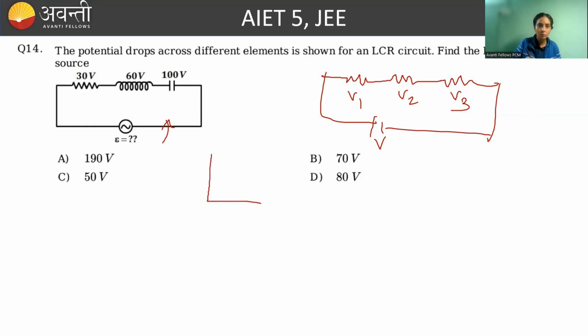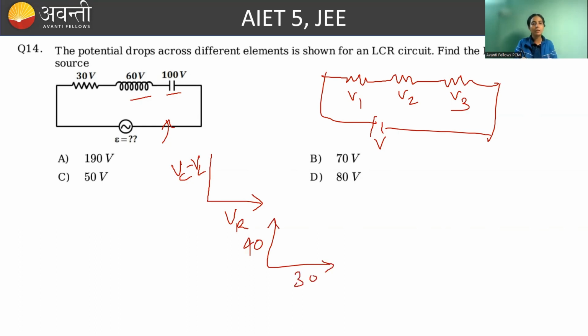And we know how to write those potentials. VC minus VL will go up like this, and here it will be VR. VC minus VL, 100 volt minus 60, becomes 40 along the y-axis, and along the x-axis it is 30.